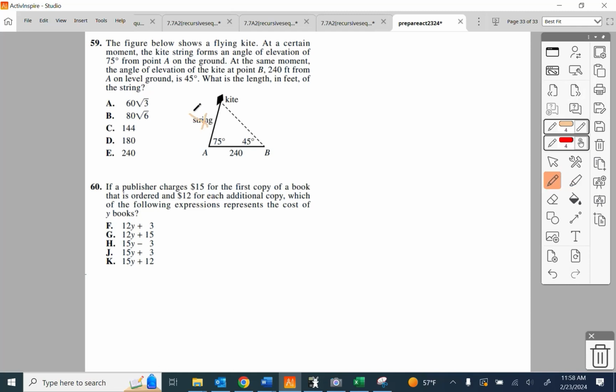There we go, X. To do this, you're going to use something called law of sines. And the very first thing you're going to do is figure out this missing angle, which is 180 minus 75 minus 45, which should be 60 degrees.